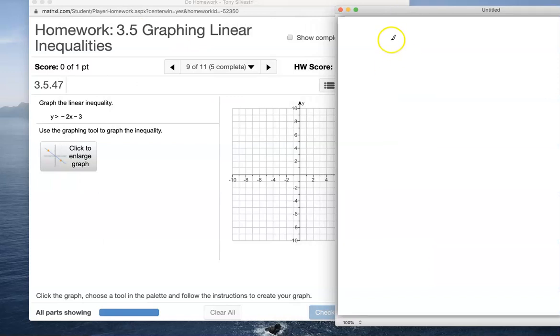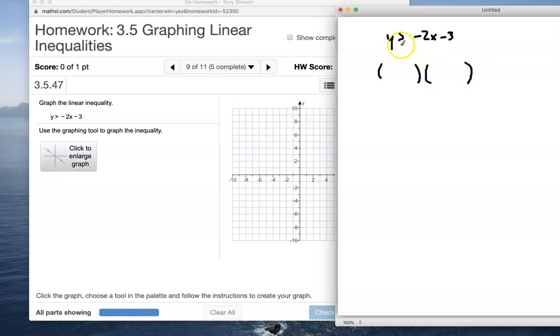And it's the same deal. y is greater than negative 2x minus 3. And I analyzed that, and I don't see an equals, so I'm going to be very careful when I draw the line that divides the world into two parts. I'm going to be very careful not to have a solid line, but a dashed line. Okay, I need to draw that line. I need 2 points.